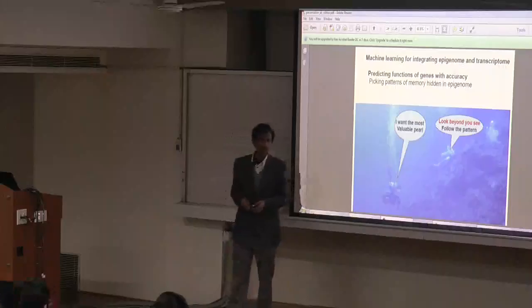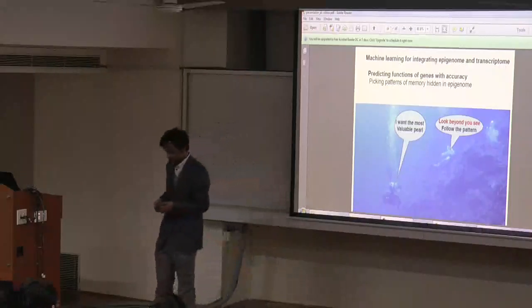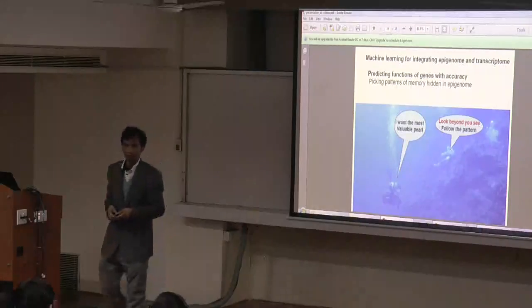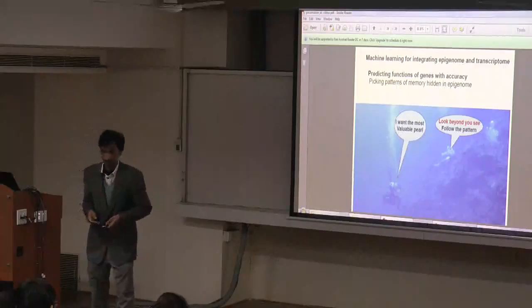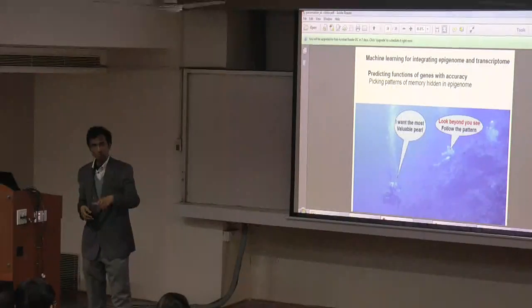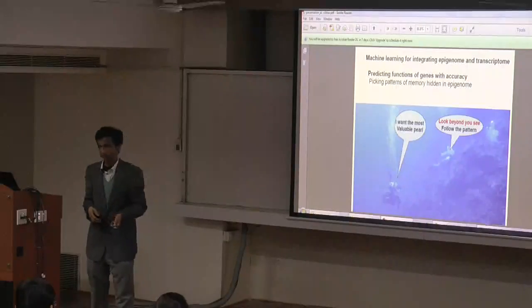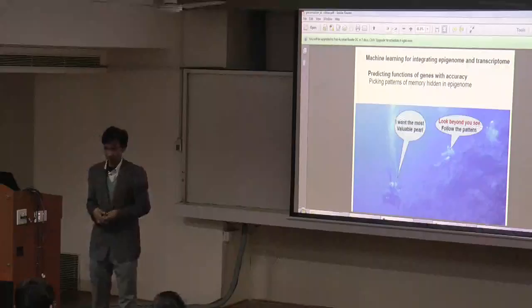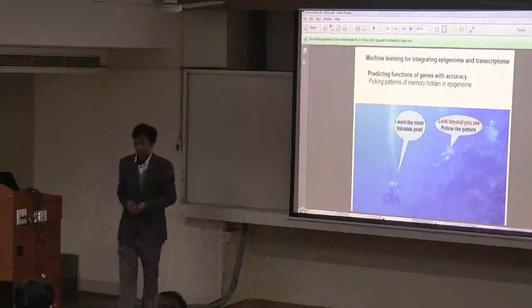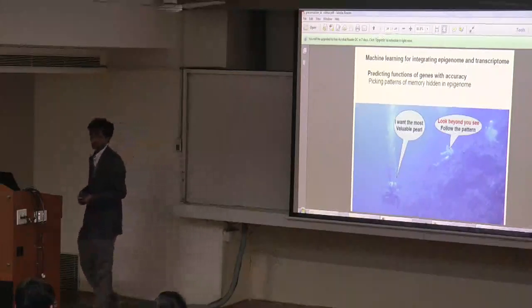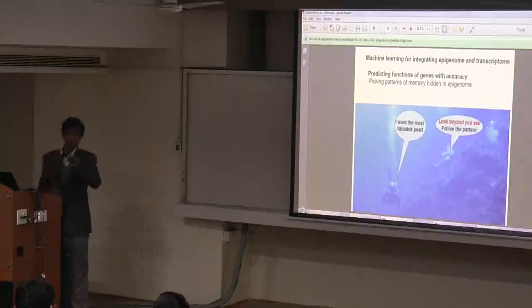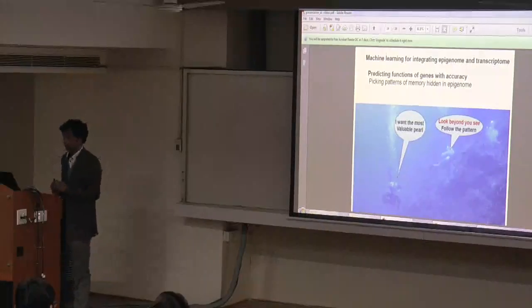As we already know, children who are born with low birth weight are predisposed more towards diabetes, metabolic disorders, and obesity. Why? The memory is there. And that memory can be at gene sequence level or epigenetic level.